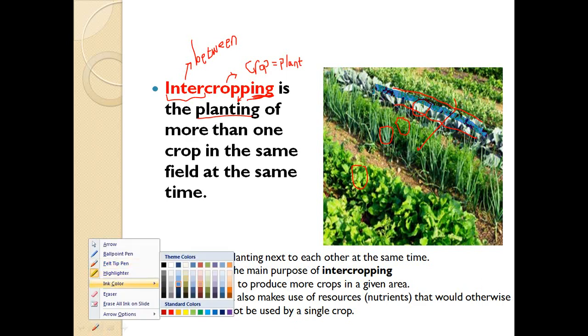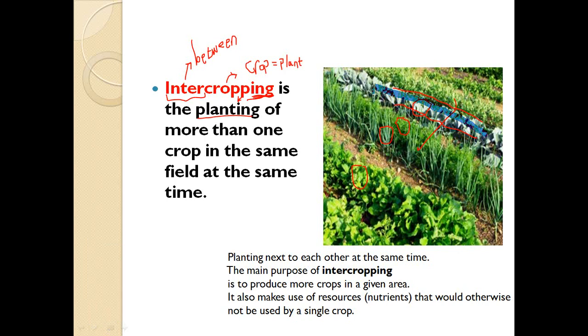They are planted between two green crops. So we are planting crops between other crops in the same field at the same time, okay, like next to each other. Let's look here again for explanations. Planting next to each other at the same time, but are they of the same type? No, they are different types.